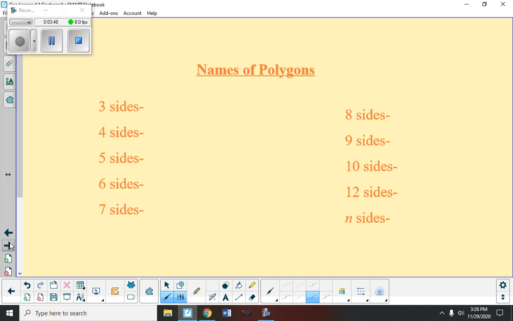You have to know these names, so if you don't have them memorized, you do need to study those. So if you have a 3-sided polygon, and by the way, a polygon is a figure that is made up of line segments, and it's a closed figure.